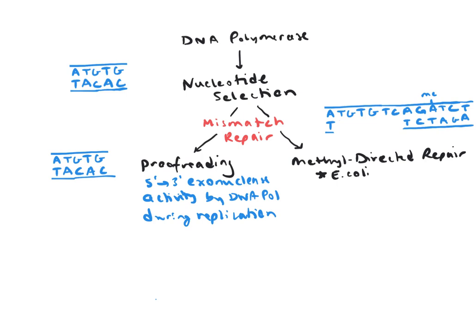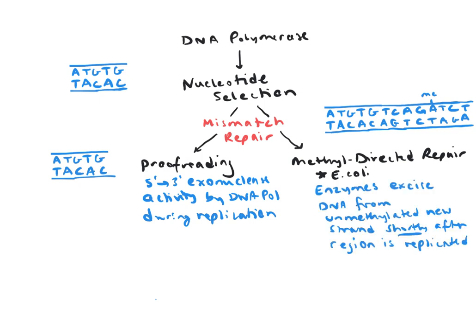Then there will be polymerases that come through and they're able to try again and now have the correct base. Then there'll be a ligase that goes ahead and cleans that up. And so again, this is a form of mismatch repair that happens shortly following replication, only in E. coli. Okay, so then at some point after replication, this strand will be methylated as well.